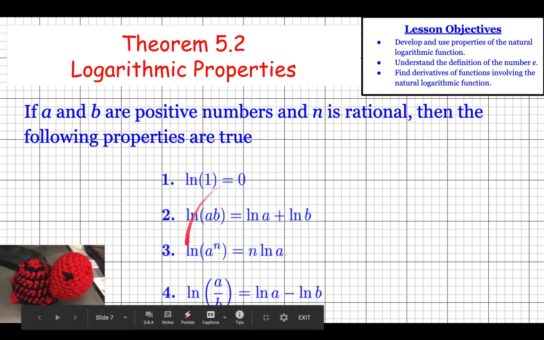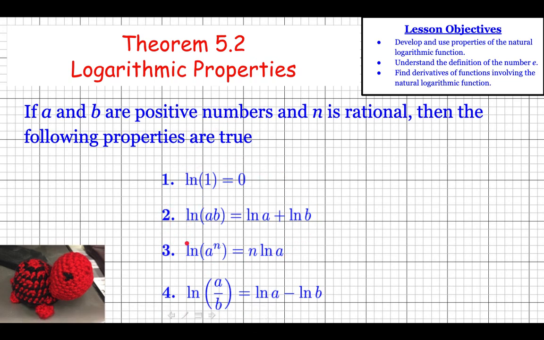So I'm not going to prove these. These are properties that you were given in pre-calculus, and in algebra 2, hopefully. The natural log of 1 is 0. Any log of 1 is 0, because anything to the 0 power is 1. The log of a times b is the log of a plus the log of b.